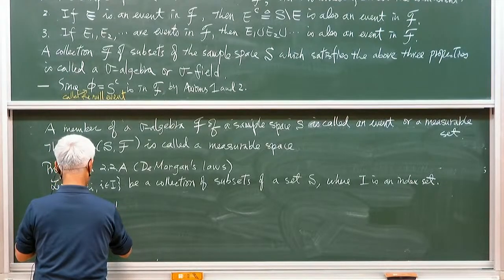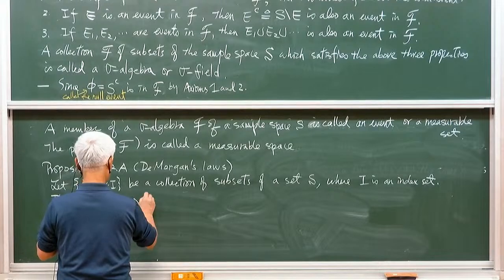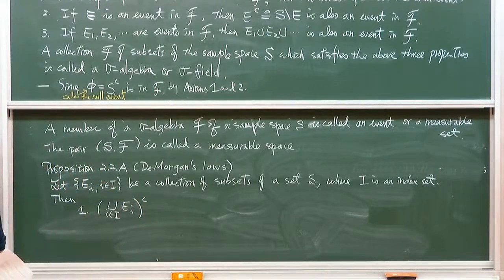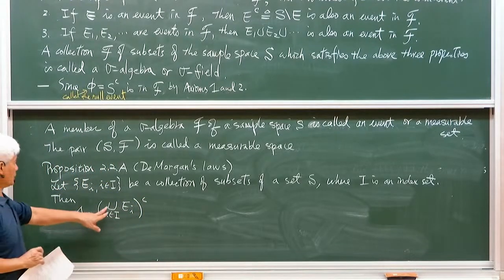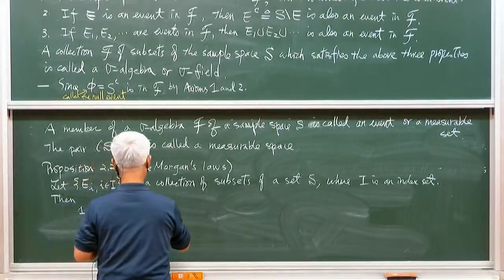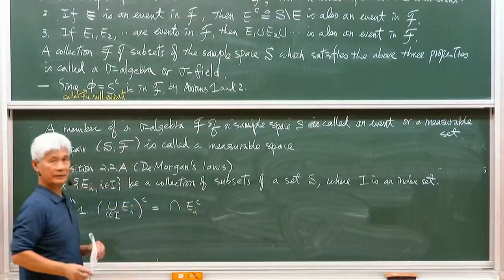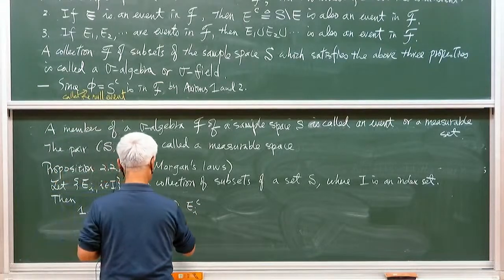So if we have a collection of subsets of a set, then if we take the complement of the union of all E_i, this is the union, then this is actually the intersection of the complements of E_i for all i.